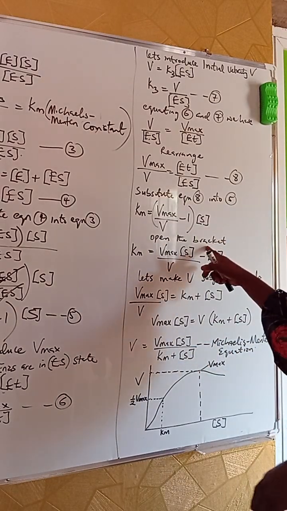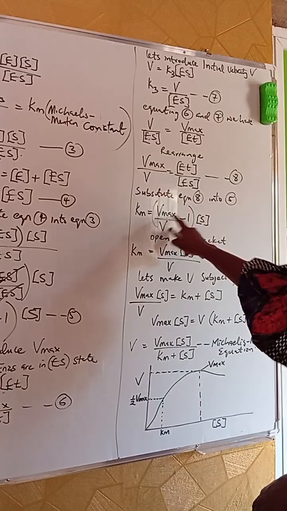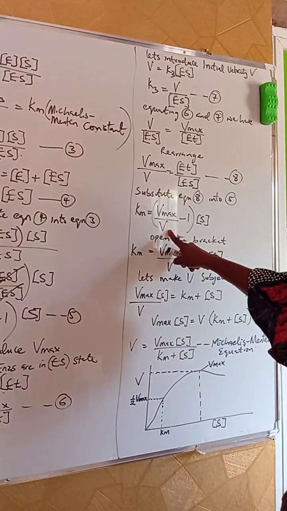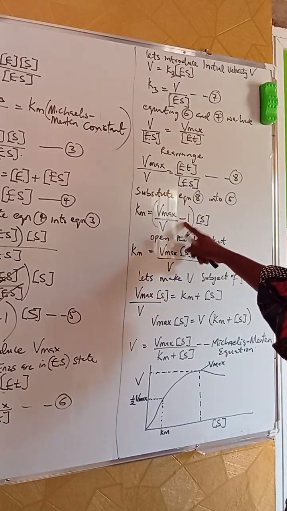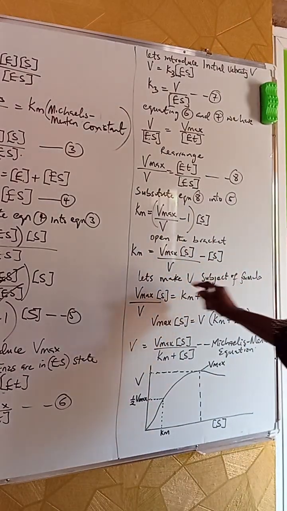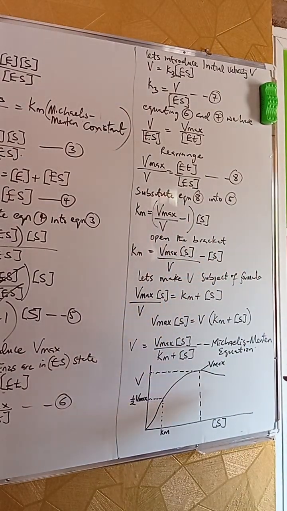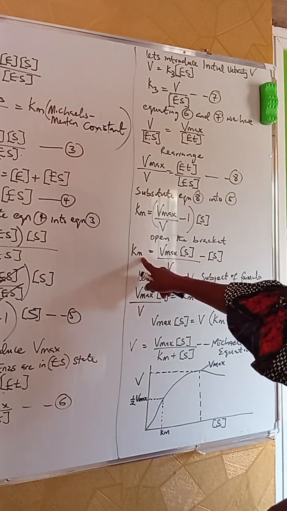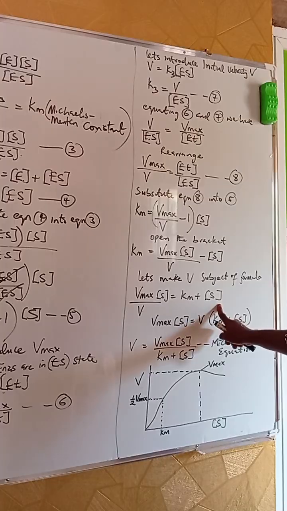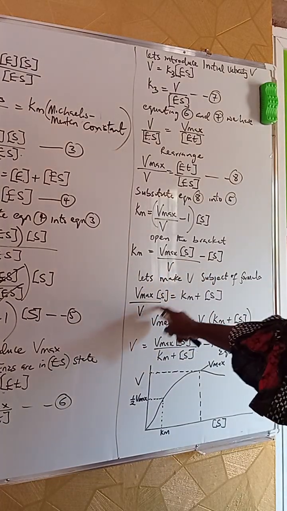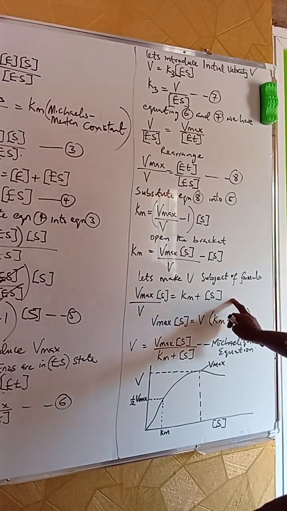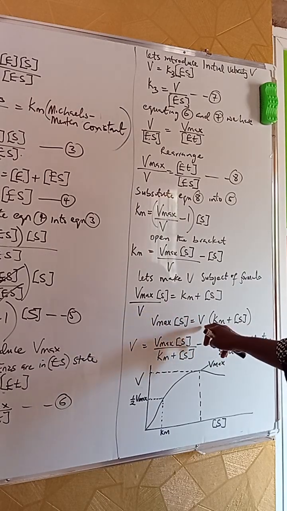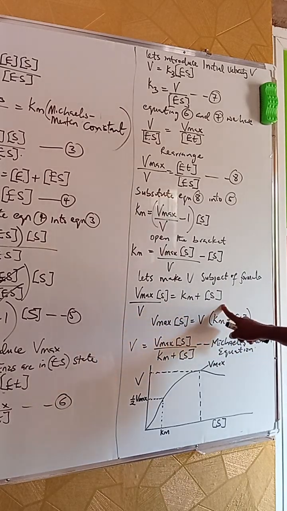If you open this bracket mathematically, S will multiply this and also multiply this. So we have Vmax S over V minus S. Now, if we want to make V the subject of this whole arrangement, S will go over to this side: Km plus S. So Vmax S over V is equal to Km plus S. Now, V goes up here and we cross multiply.